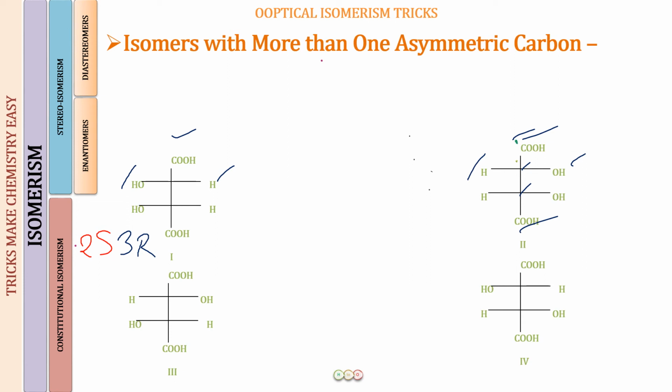This means that if I change the position of two groups, I can form the configuration which is going to be opposite to this configuration. All right. So if this is a 2S, this means that this configuration for C2 is going to be a 2R. So I can just write quickly 2R. The H and an OH, so right opposite to that, it is going to be a 3S.